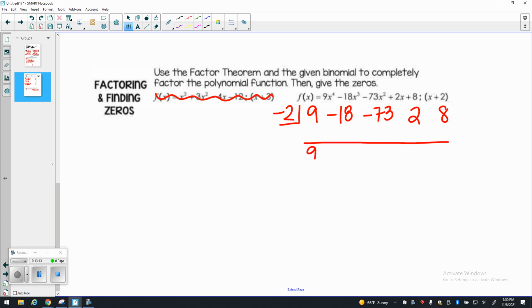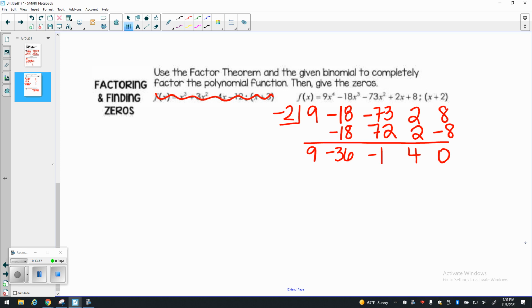So bring down the 9. Then you have negative 18. Then you have negative 36. Then you have 72. Then you have negative 1. Then you have 2. Then you have 4. Then you have negative 8. And then you have 0.